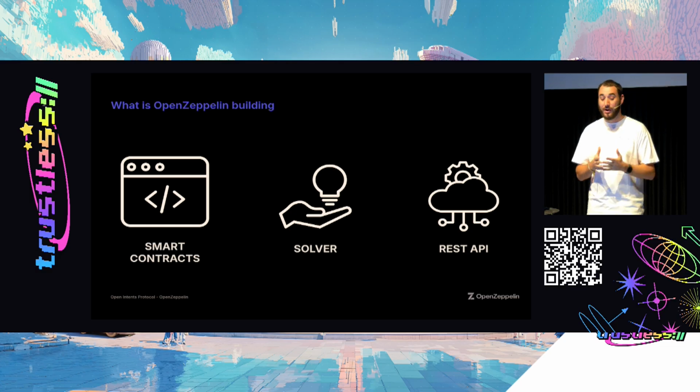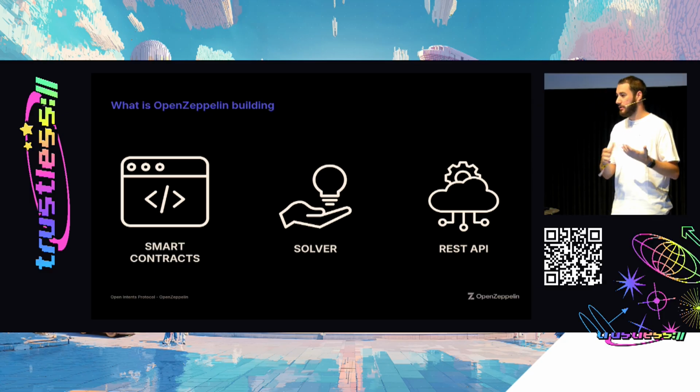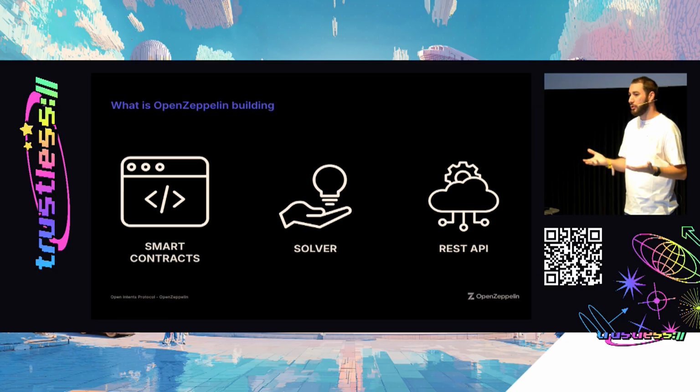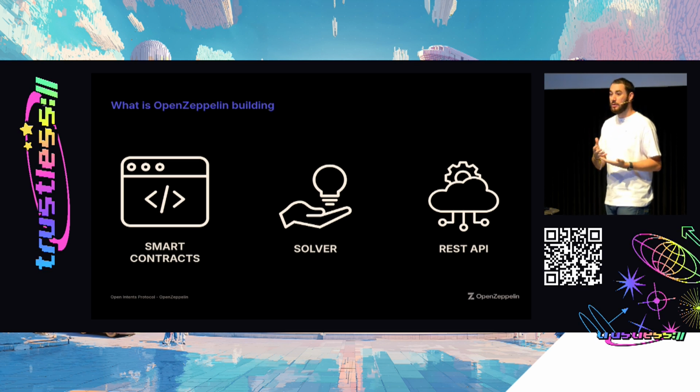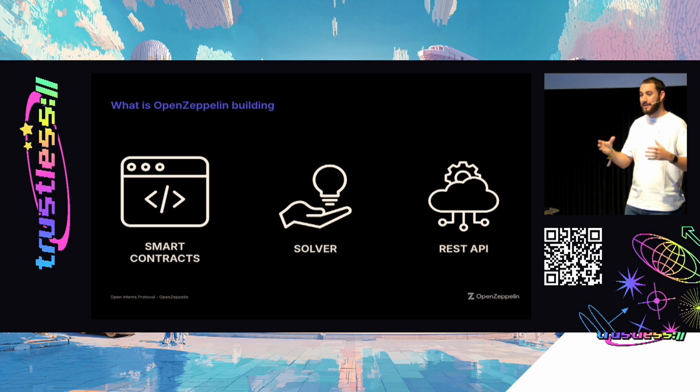I'm very far from that. But OIF builds on that same ethos in the sense that we are building reference implementations of everything that is required through the protocol. So we are building smart contracts, which is the core base of the OIF. It's an on-chain protocol and should always be fully available on-chain.